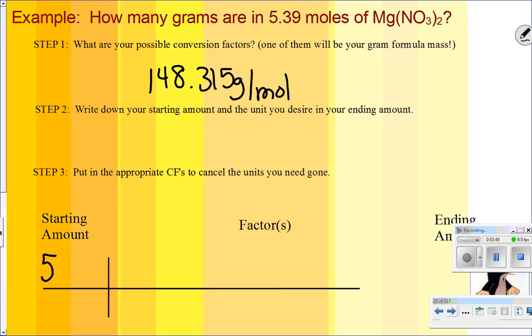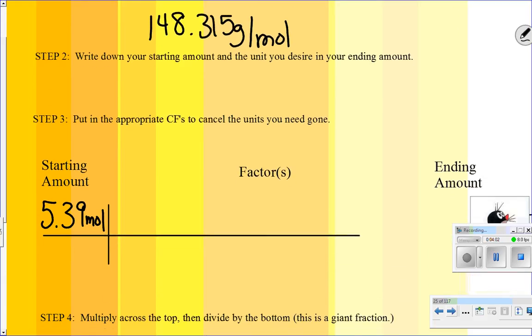My starting amount is going to be my 5.39 moles of magnesium nitrate from the problem. I want to determine how many grams from that many moles. I've already got my conversion factor, my GFM. Again, I need moles on the bottom, so I'm going to put my 1 mole down here, and my 148.315 grams are going to go right up here.